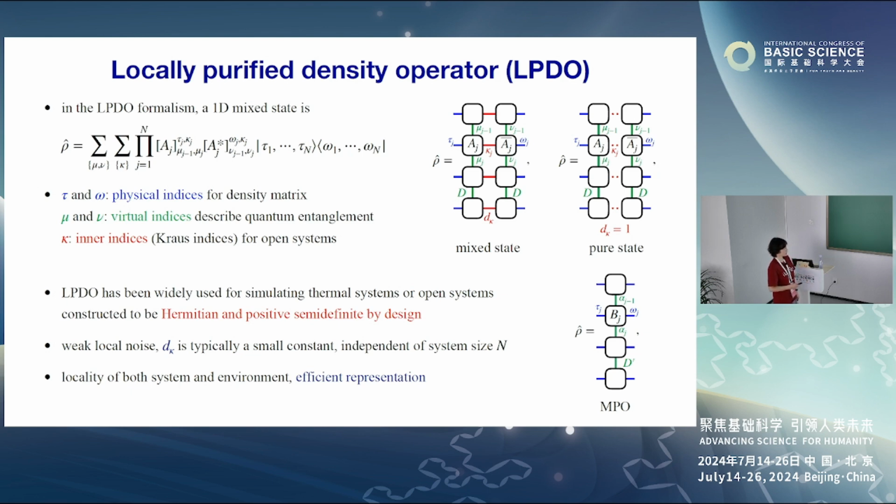Previously, the number of parameters of the density matrix grew exponentially with the system size, but now it only grows linearly. That's the advantage of tensor networks: a very efficient description of systems with locality.